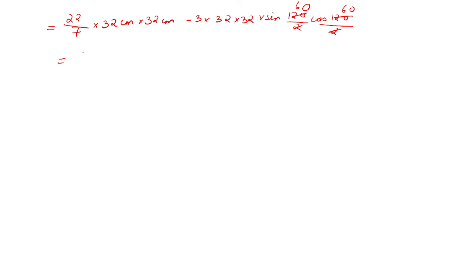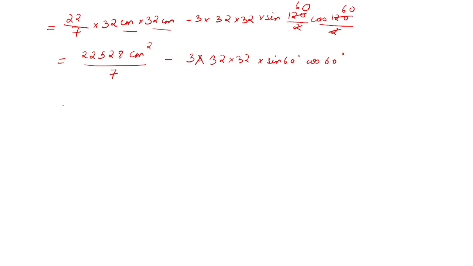This is going to be equal to 22,528 centimeter square by 7 minus 3 into 32 into 32 into sine 60 degree cos 60 degree.